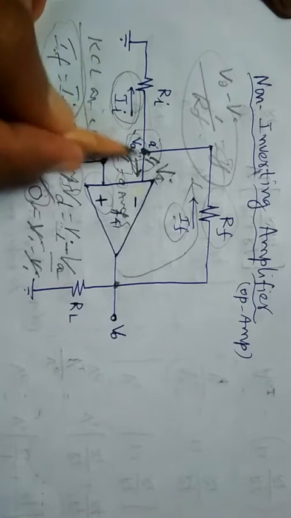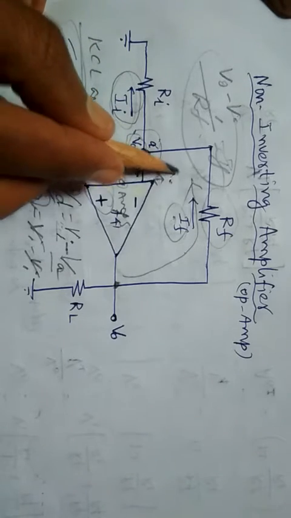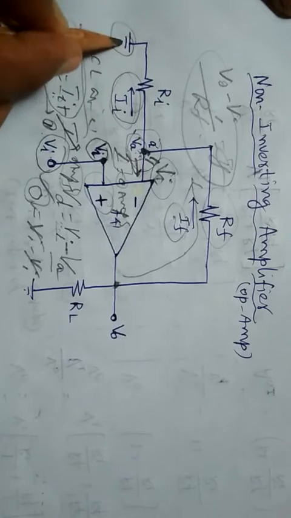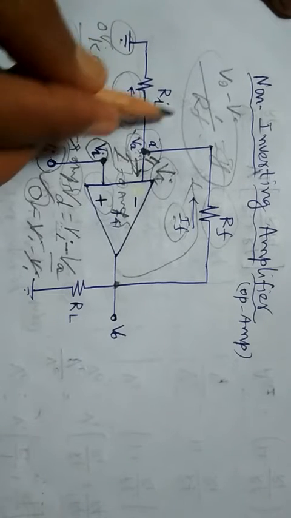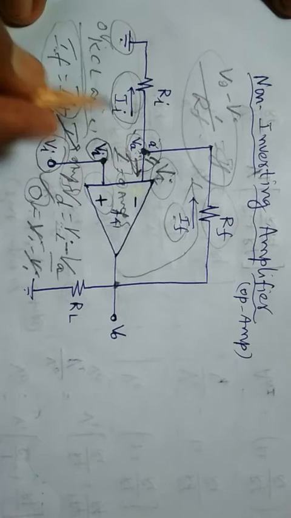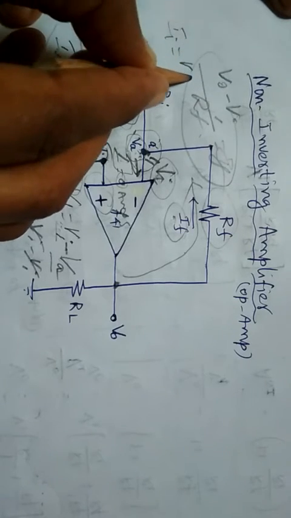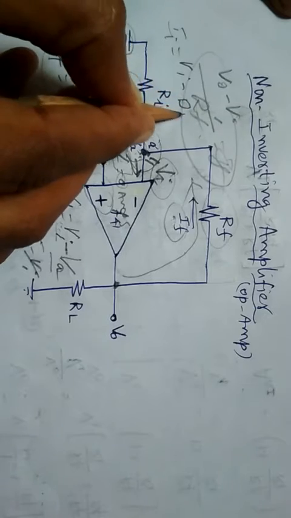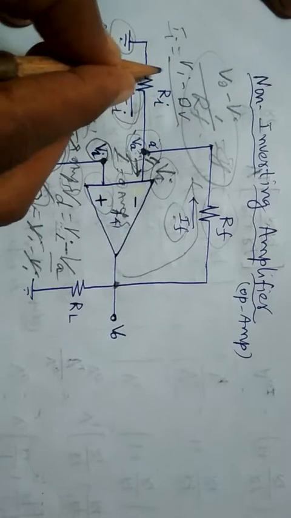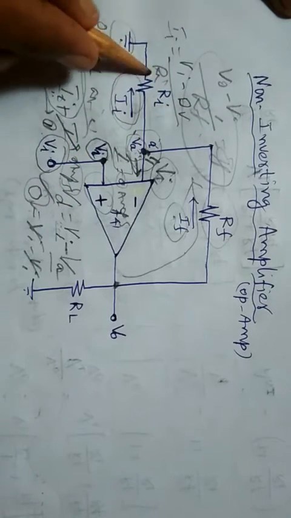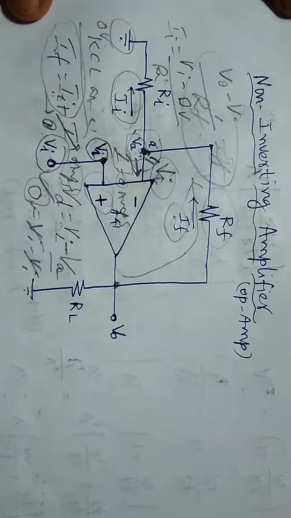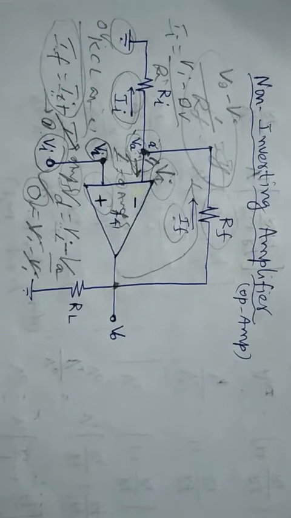So the source node potential is the node A potential, Vi, minus the destination node potential, which is grounded, so 0 volt, divided by RI, gives II. We can write II equals Vi minus 0 volt, divided by RI. Using these two, we can find the current equation and solve it for the output voltage of the non-inverting amplifier.